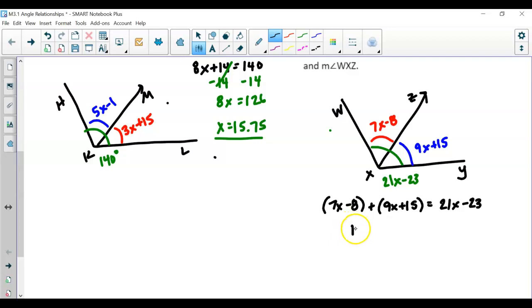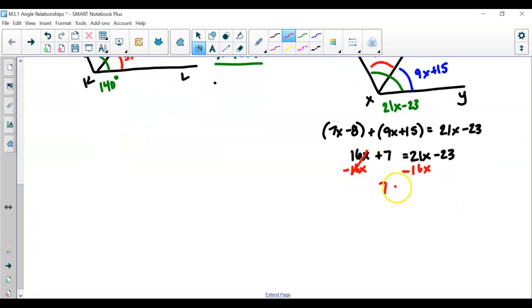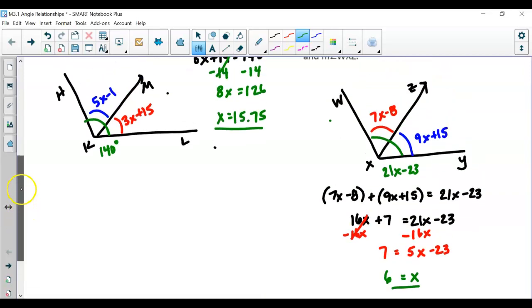Combining like terms, so 16x plus 7 is equal to 21x minus 23. Now notice you do need to gather your variables, right? So subtract 16x here. And 7 is equal to 5x minus 23. Now you're solving a two-step, and you should have gotten x is equal to 6.